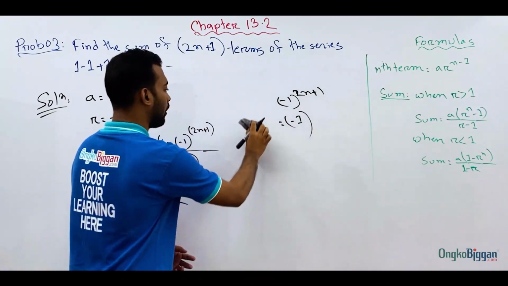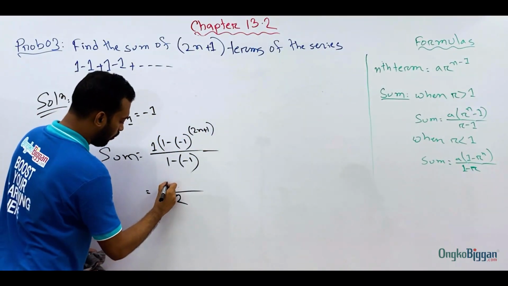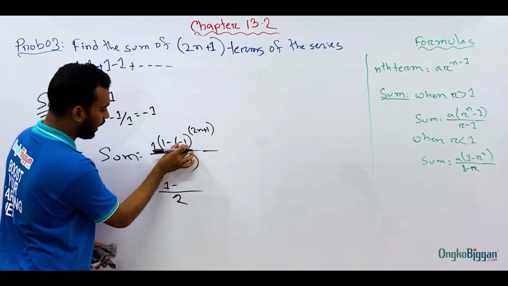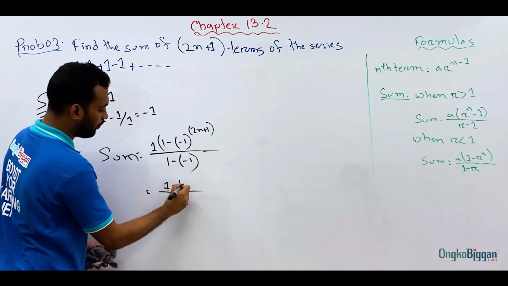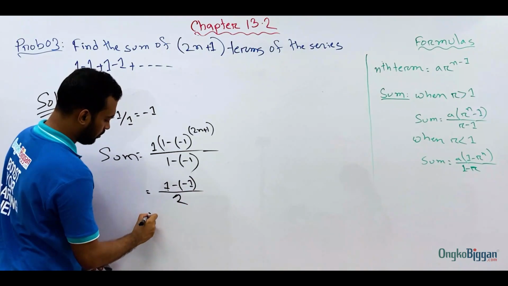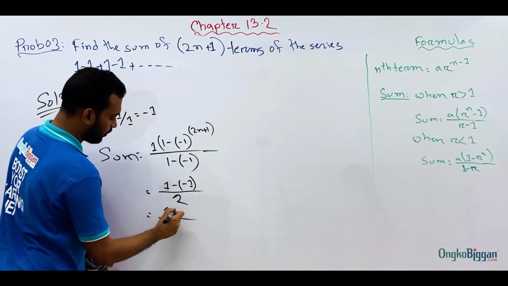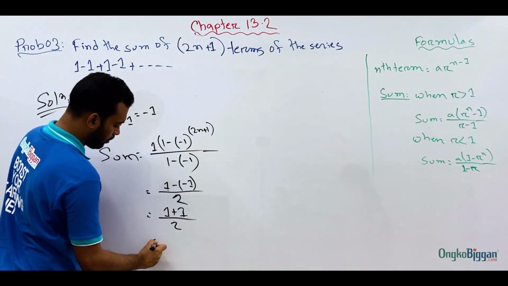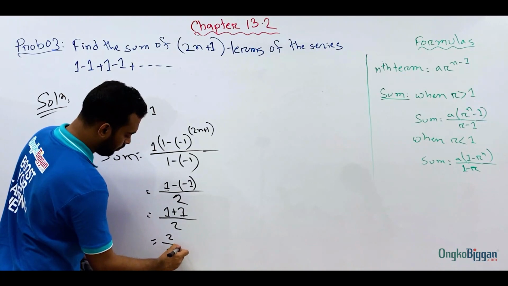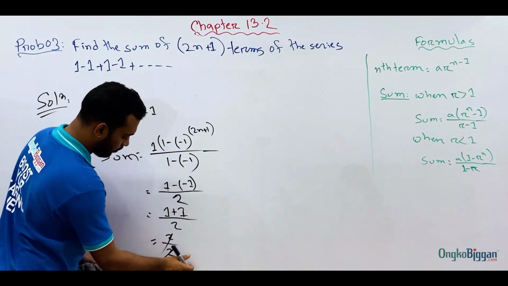So for our case, we can write 1 minus minus 1 to the power odd number, which will eventually give us minus 1. Now this minus minus will become plus: 1 plus 1 gives 2 by 2. So 2 by 2 cancel each other, and eventually we will get 1.